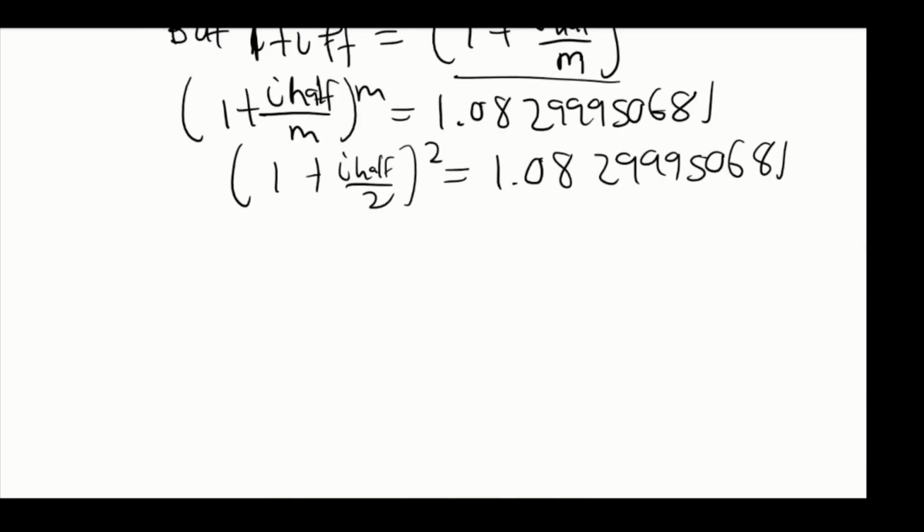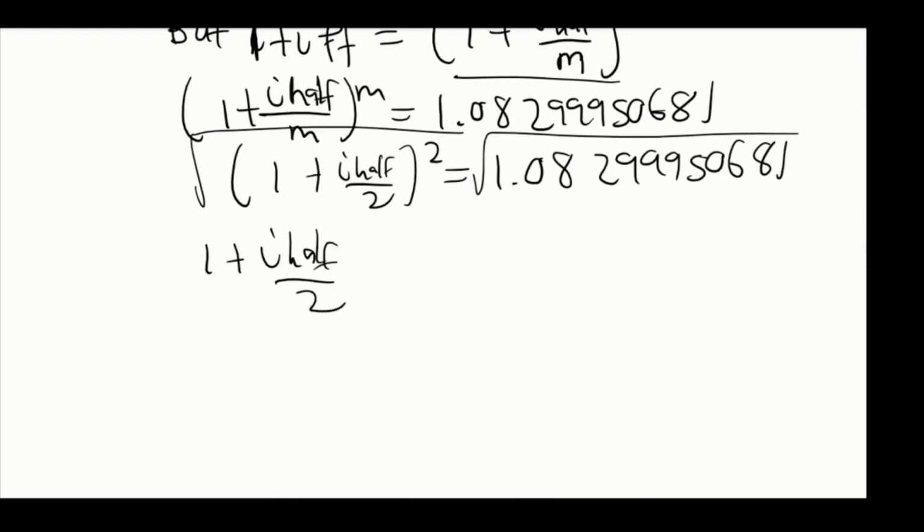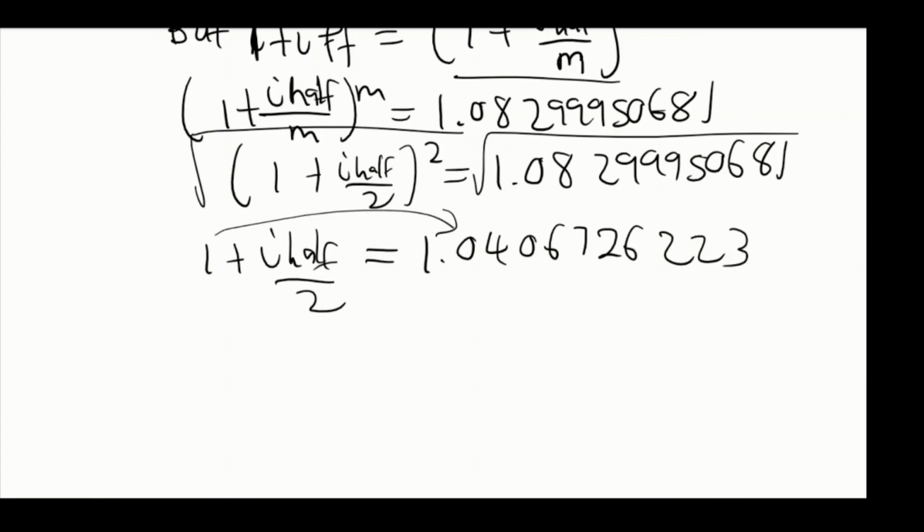To find i half, we put the square roots on both sides, and it's going to be 1 plus i half over 2 equals 1.0406726223. Then you transpose the 1 to the other side.